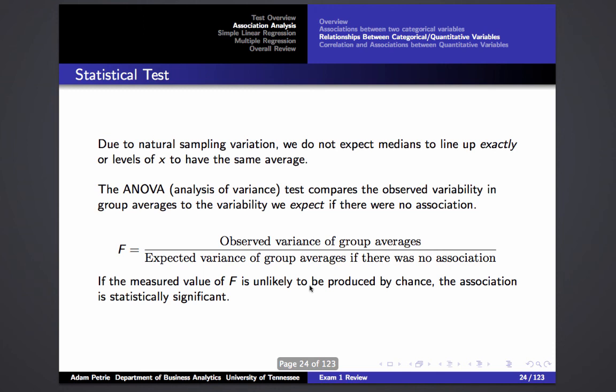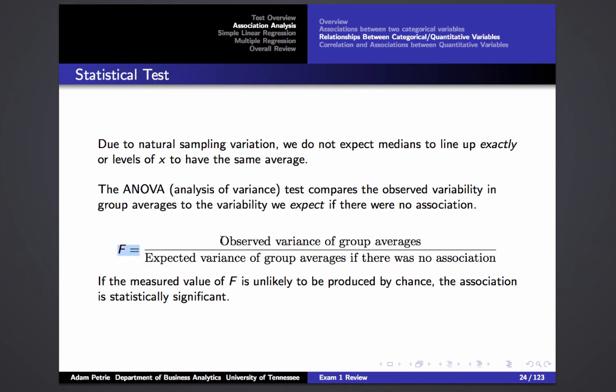And we can follow this up with a statistical test. I'm only going to focus on the test comparing the averages, because that's typically what people do. How does the test proceed? Well, just like the test for two categorical variables, we're going to compare something we observed from the data to what we would have expected to have seen had there been no association. Specifically, we calculate what's called the F-statistic.